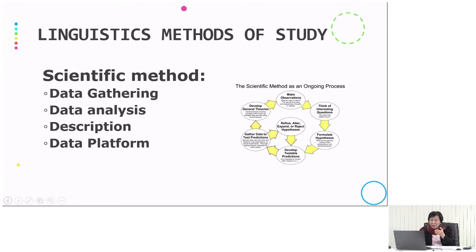But if you are going to deal with language, you have to analyze the language data that you get. How? You have to learn about the structure, you have to learn about the meaning of the language. You have to learn about the rules that make language use. Okay, that is the way.